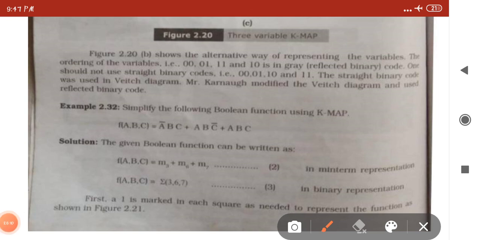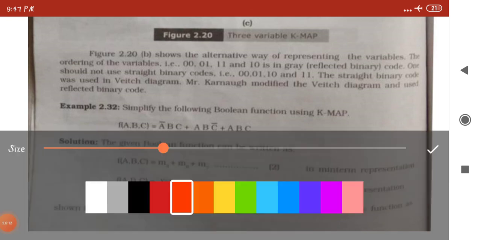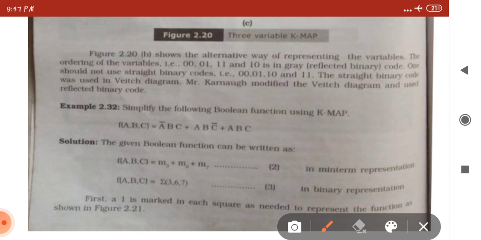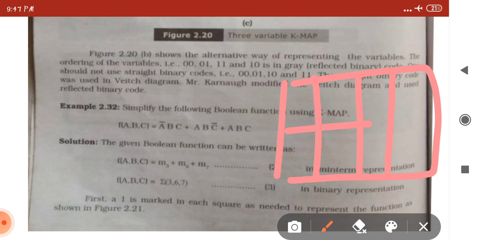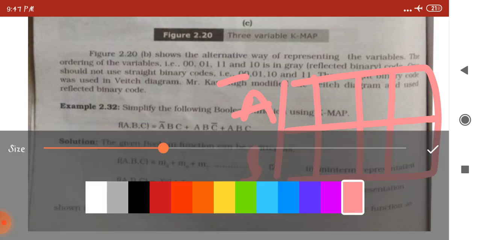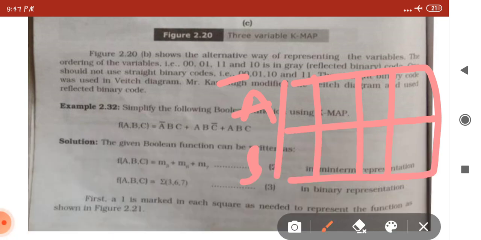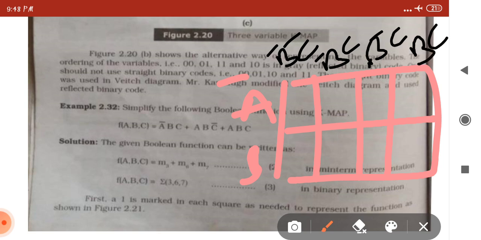Let us draw the K-map for this. A bar B, B bar C bar, B bar C, B C bar, B C. First, A bar B C, this one is 1.